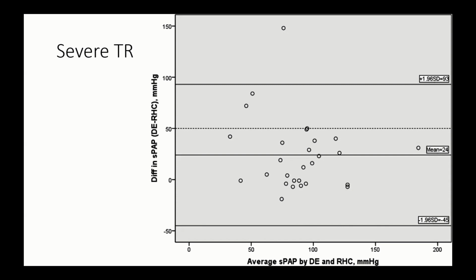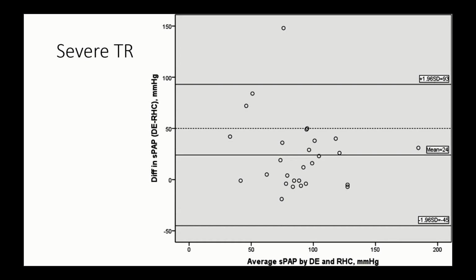There are two ideas of why this happens in severe TR. One is that when the regurgitant jet is broad and laminar, the simplified Bernoulli's equation may inaccurately overestimate the TR pressure gradient, because the inertial component of Bernoulli's equation, which is eliminated in the simplified Bernoulli's equation, becomes important and it's not accounted for.